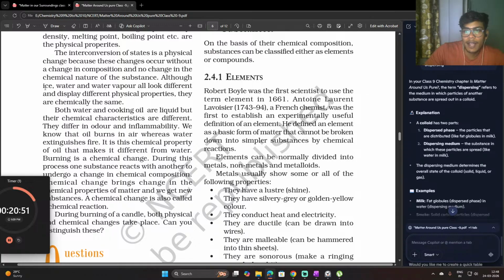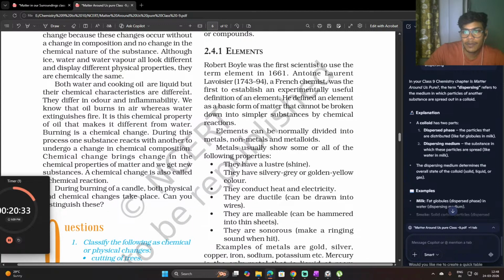So although ice, water and water vapor all look different and display different physical properties, they are chemically the same. Both water and cooking oil are liquid, but their chemical characteristics are different.